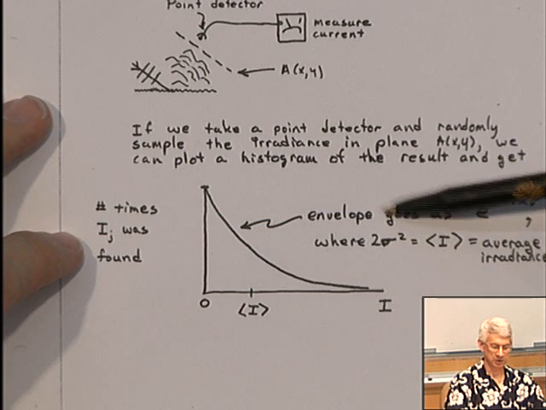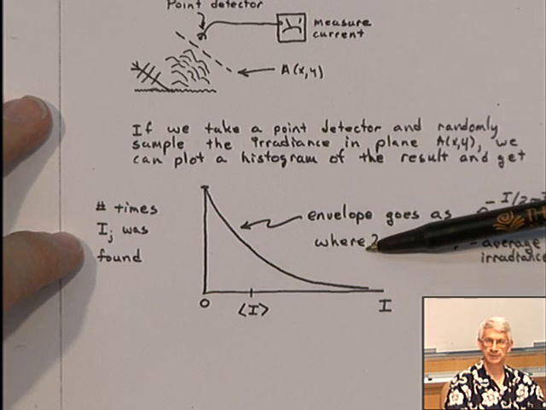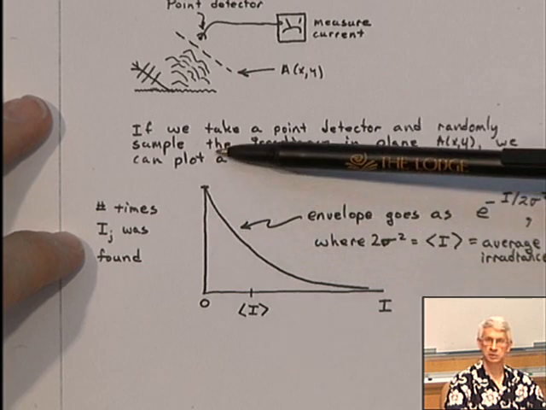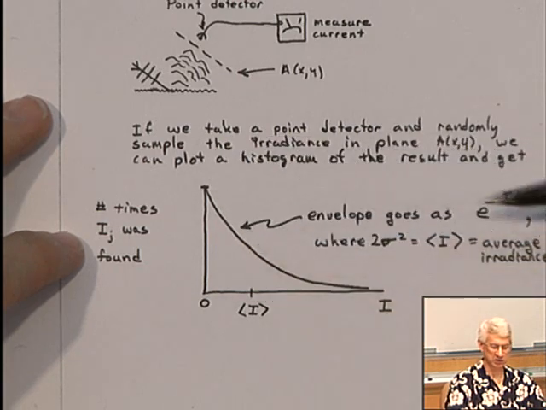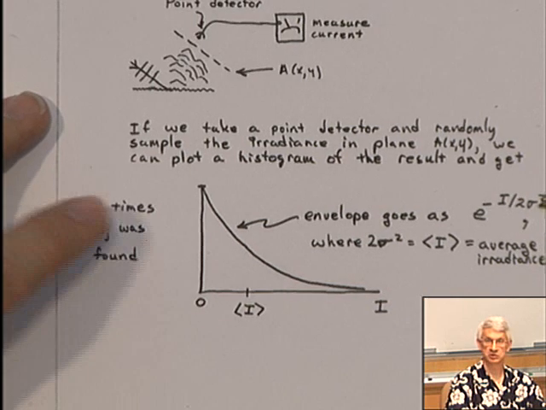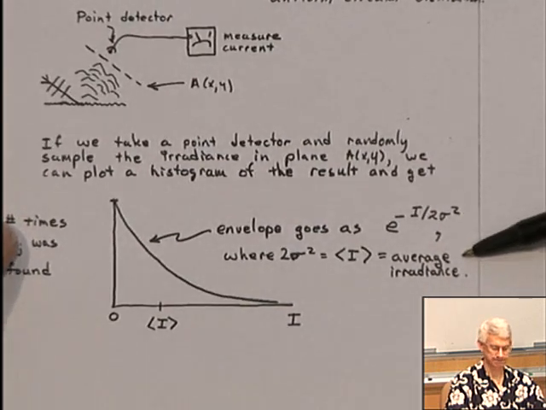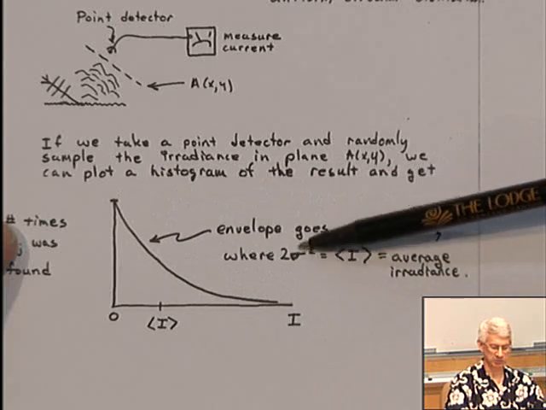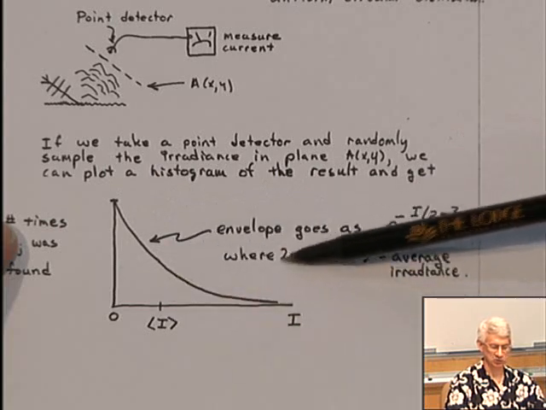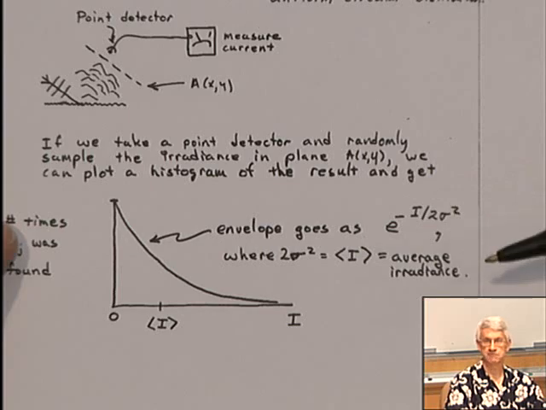So although the average amplitude is 0, the average irradiance is equal to 2 times the variance of this Gaussian, where the Gaussian is represented by e to the minus I over 2 sigma squared. Okay? So we have this exponential fall off. Average irradiance here is twice, just the denominator here.